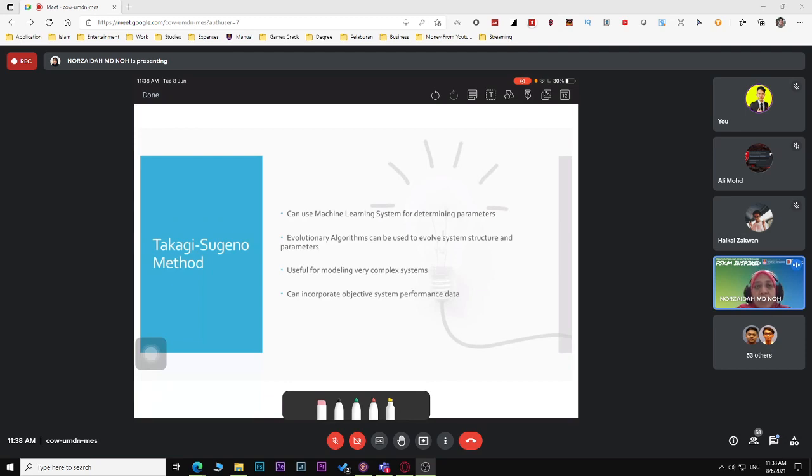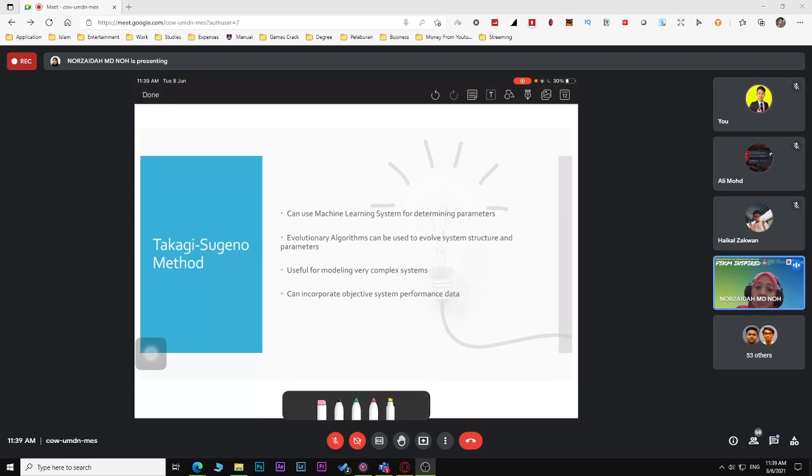A fuzzy system just incorporates inconsistent, uncertain values, so that the value can be more accurate. But the advantage of machine learning is that it can learn through the data. So usually they use Takagi Sugeno in determining the parameters in machine learning.